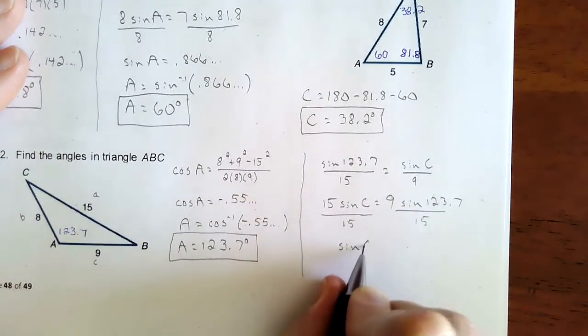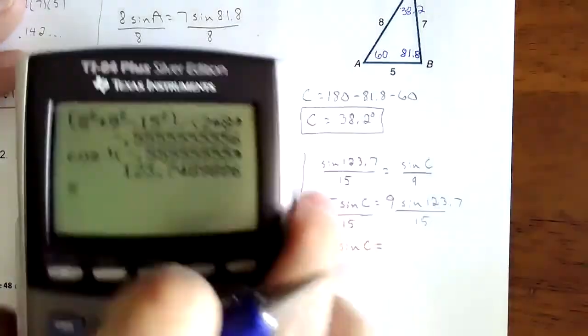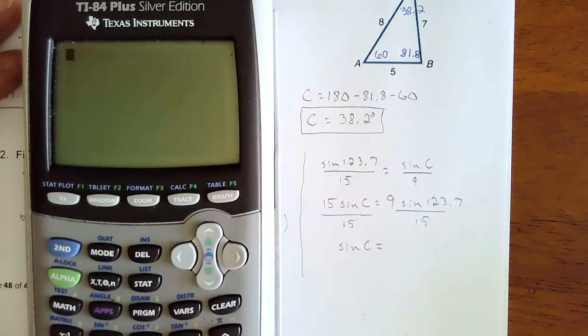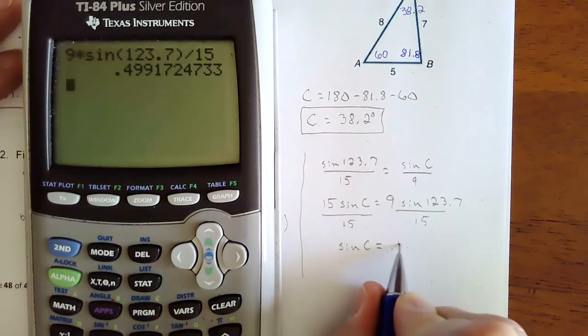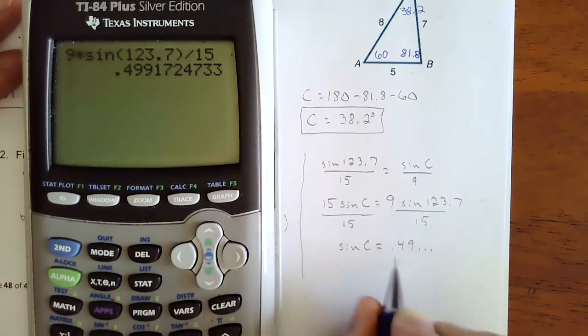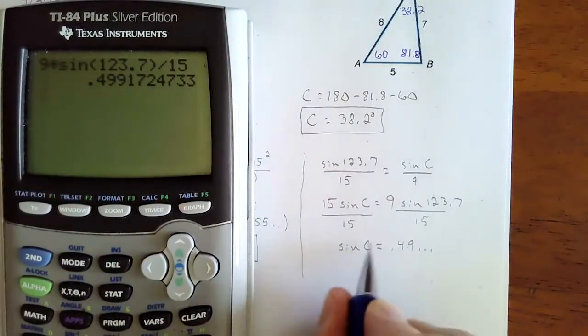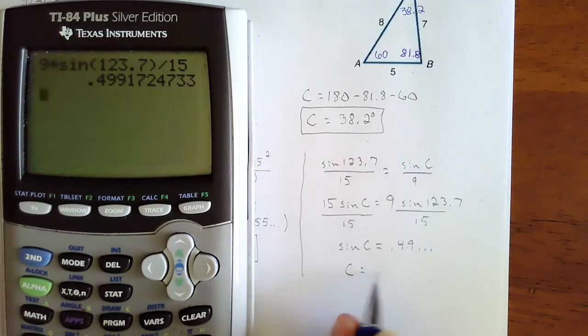So sine of C is going to equal 9 times sine of 123.7 divided by 15. So that's going to be 0.49 and so on. Okay, and then I have to, again, figure out what my angle measurement is. So I have to do the inverse sine of this decimal.